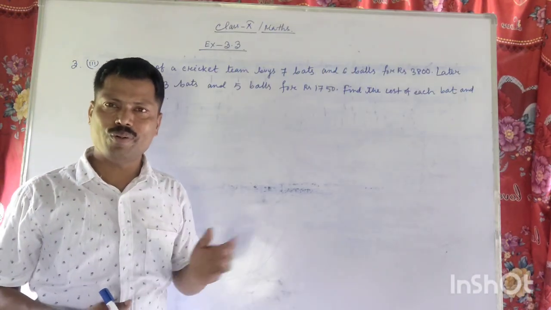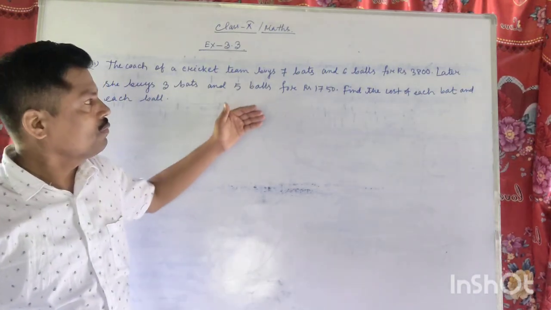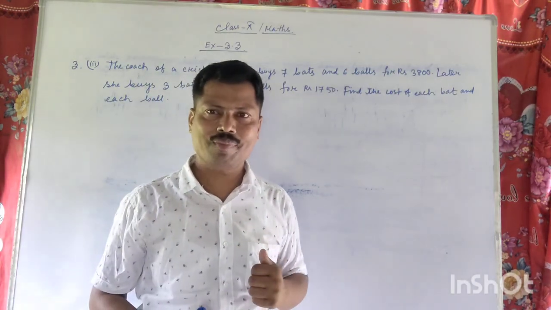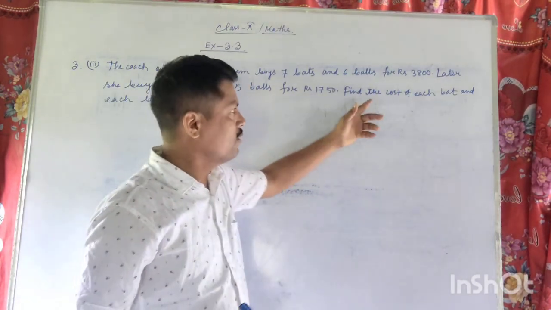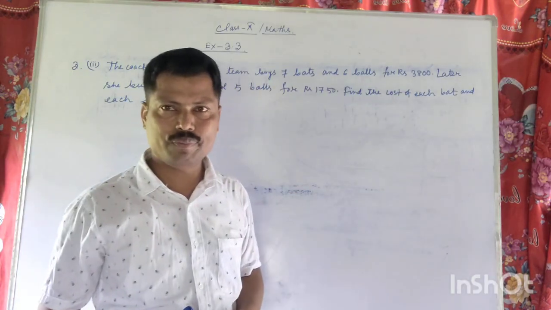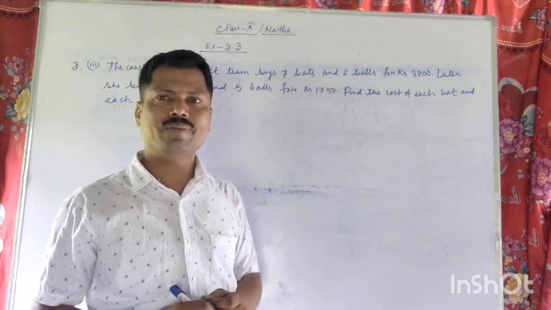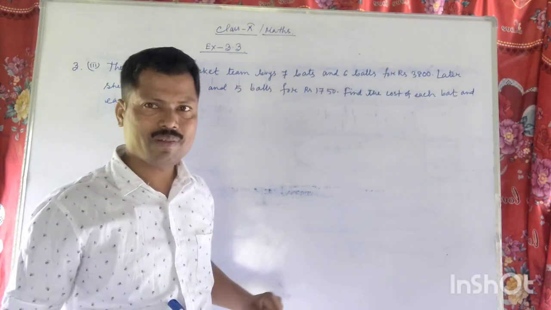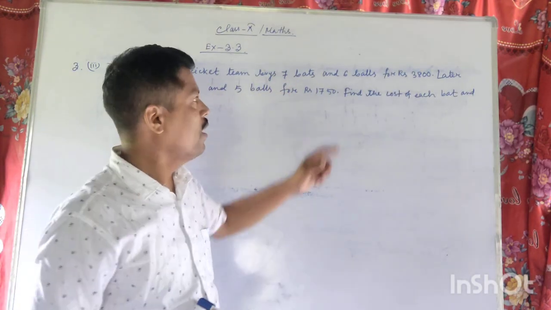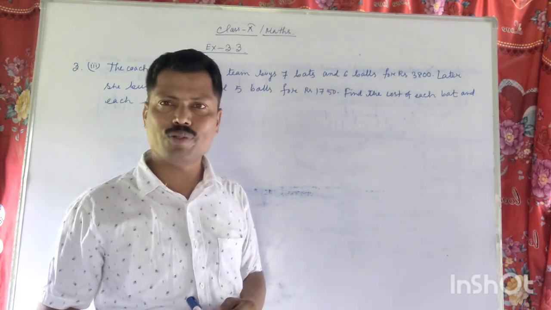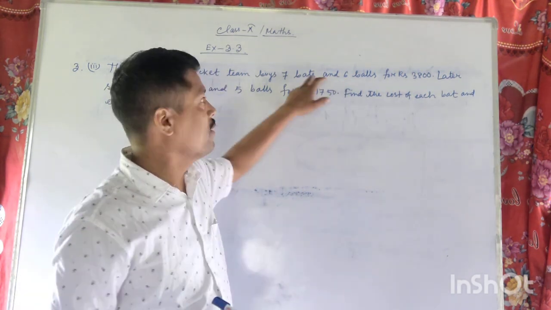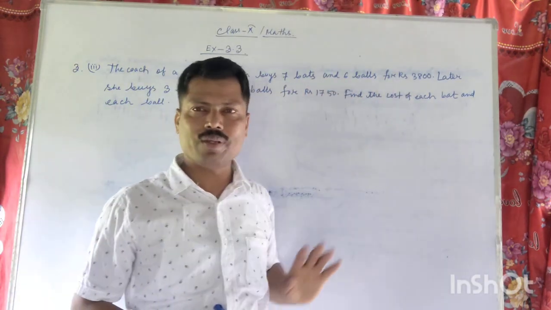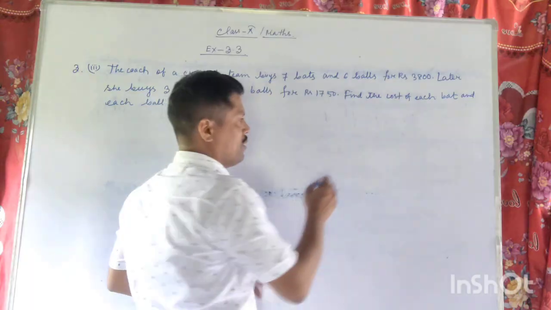This one is unknown, we don't know. The cost of each bat means 1 bat and each ball means 1 ball. So we have to let the cost of 1 bat be x and the cost of 1 ball be y. After that, 7 bats means 7 into x and 6 balls means 6 into y, that is 6y. That means here 7x plus 6y is equal to what? 3,800.